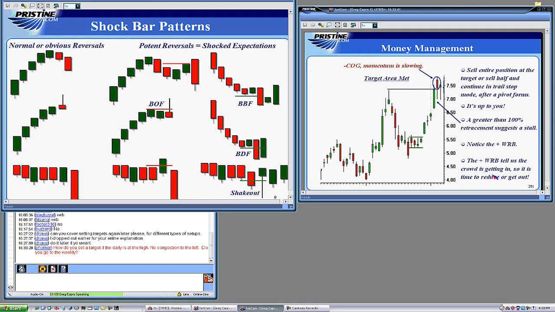If the daily is at the high, so you're saying like a 52-week high, there's no resistance there. You can use the sector as a guide. Maybe the sector has congestion to the left, whereas that stock was showing relative weakness and it was stronger than the sector. You can use the market as a guide.